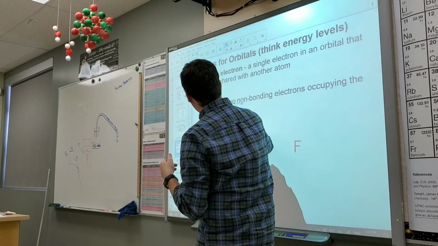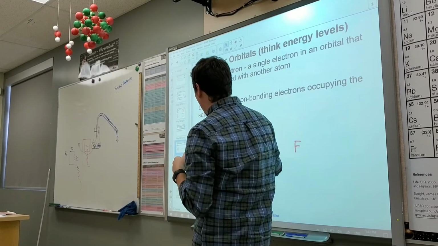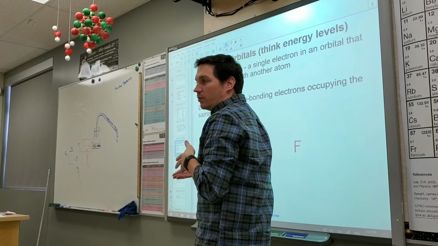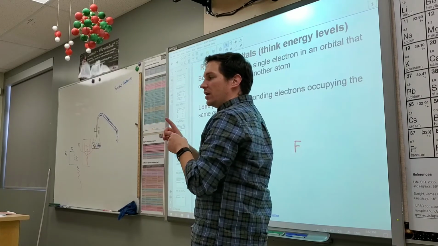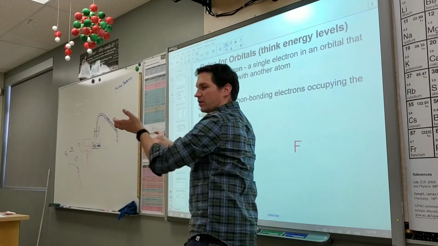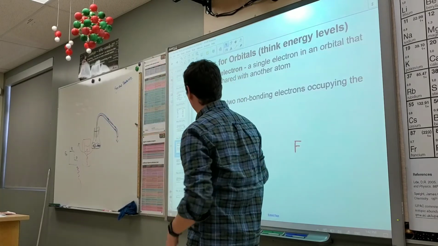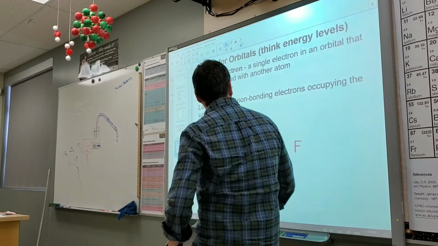And this thing could come by and it could bond, and all of a sudden it could fill up that orbital. Does that make sense? It's one unpaired electron is available. Here, I'll share this electron with you if you share your electron with me, and then we're both happy, that kind of thing. So as long as you understand that right now.